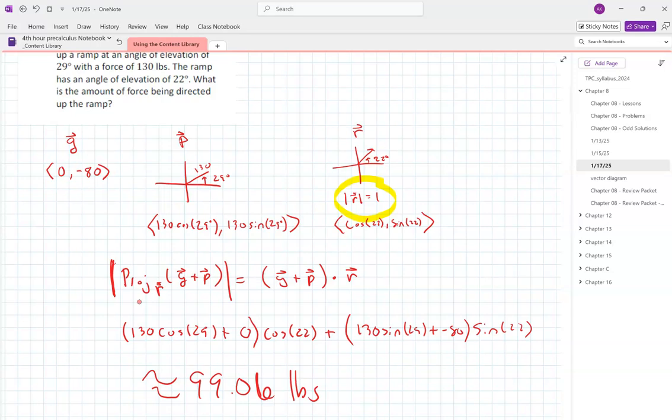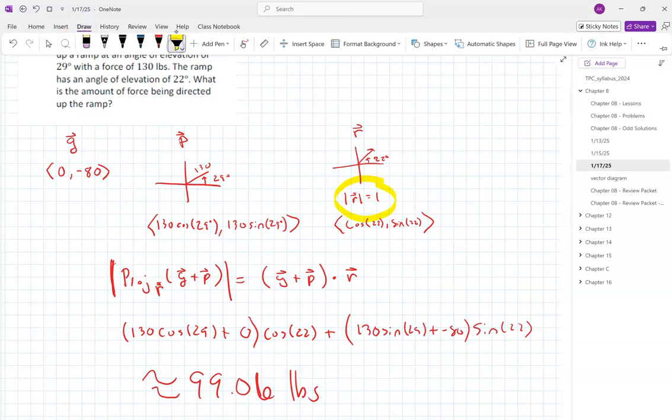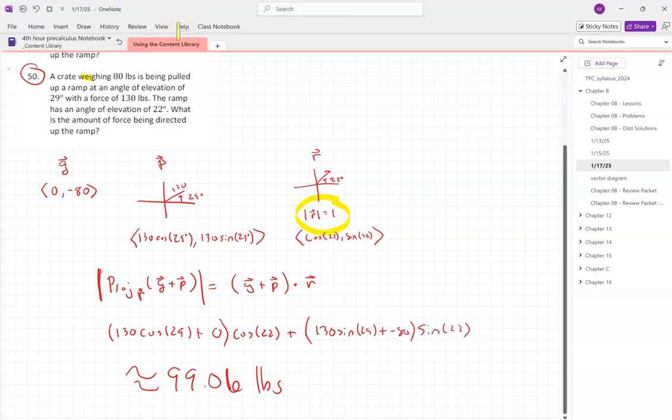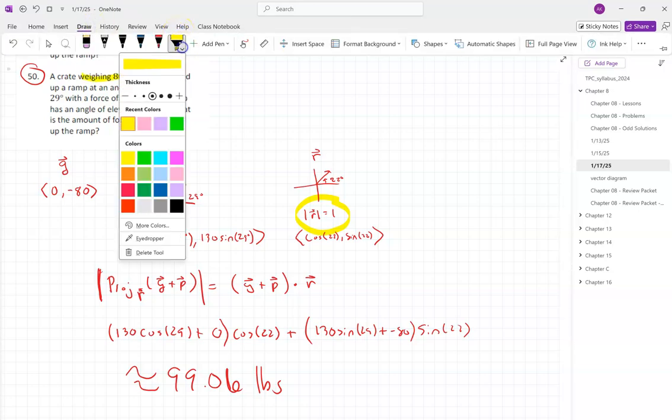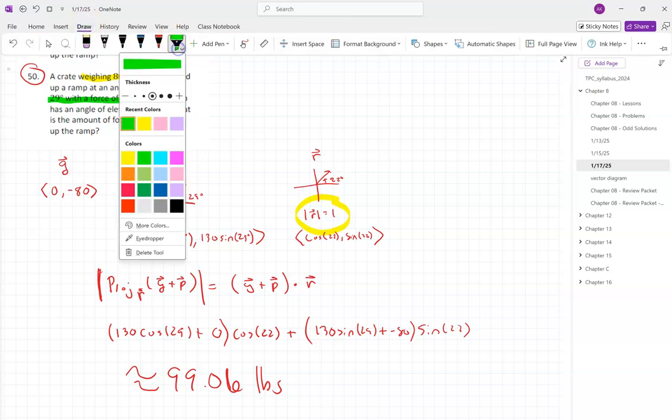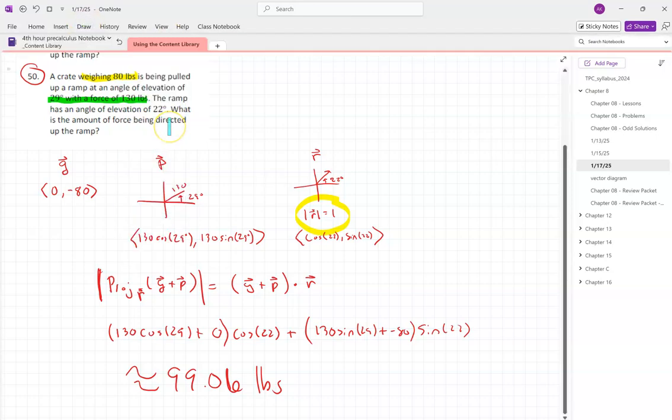Jacob, your turn. So again, when I read this, I have gravity, I have pull, and then I have projecting onto my ramp.